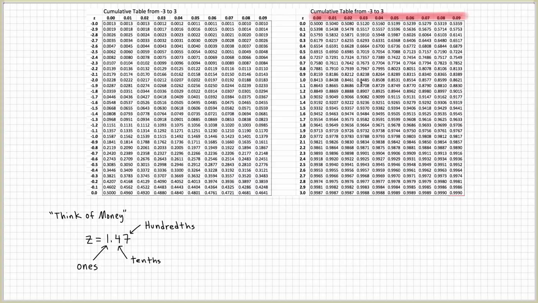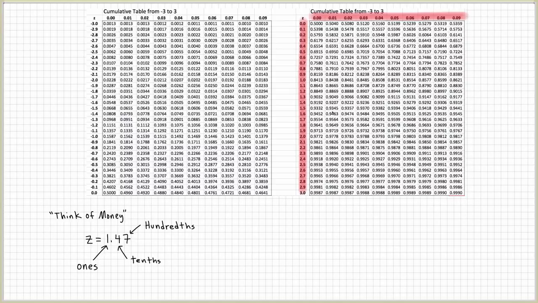And for the ones and the tens, it's in this column. You can see that you have things like 40 cents or $1.80 or something like $2.70. Okay, now we're ready for the z-score of 1.47.